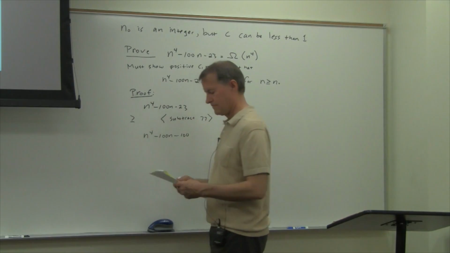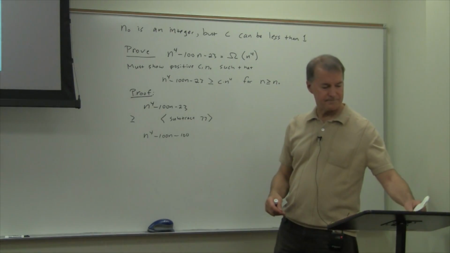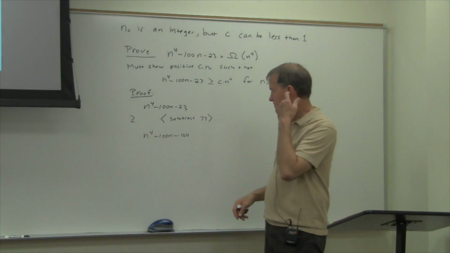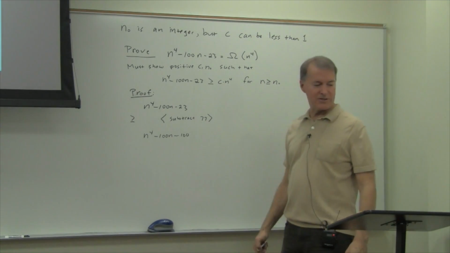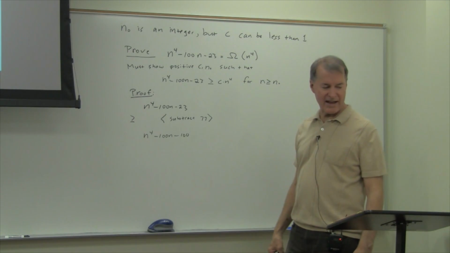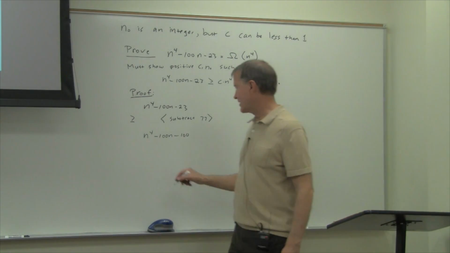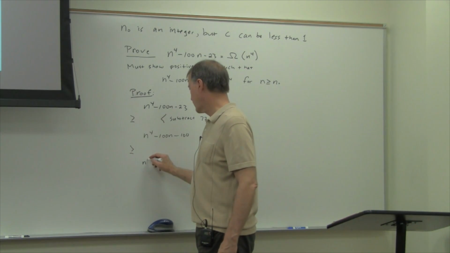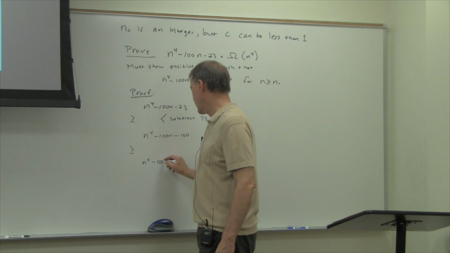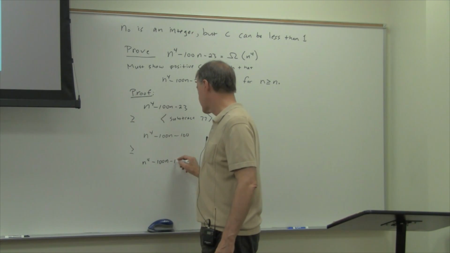Now I'm going to claim that this is greater than or equal to n to the fourth minus 100n minus 100n.